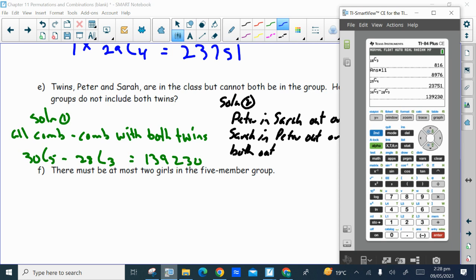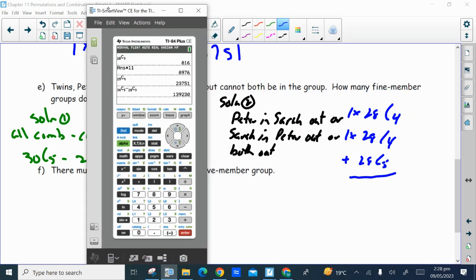So let's do that, and we'll see we're going to get the same answer. 28C4. And we can just multiply that by 2 if we want, because we have 2 of those that we're adding together. But my order of operations is going to mess this up, so I'm going to have to do it the proper way.